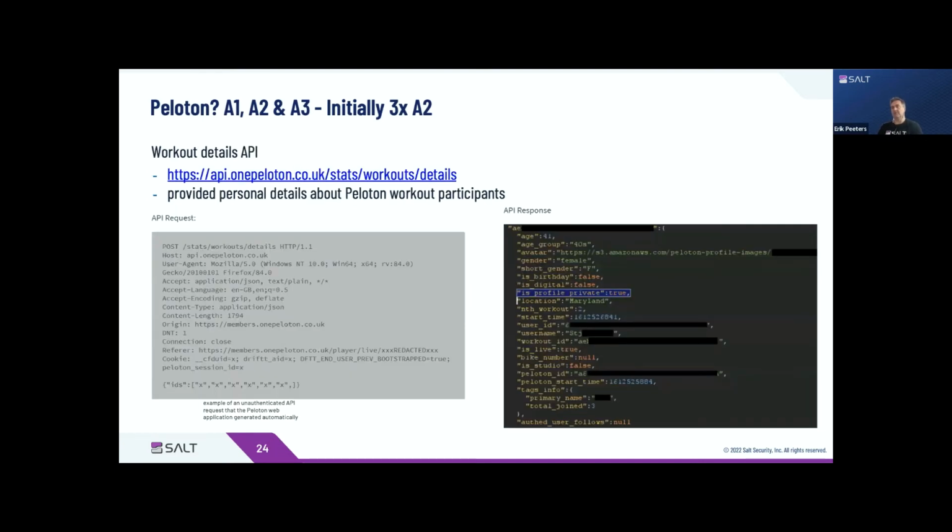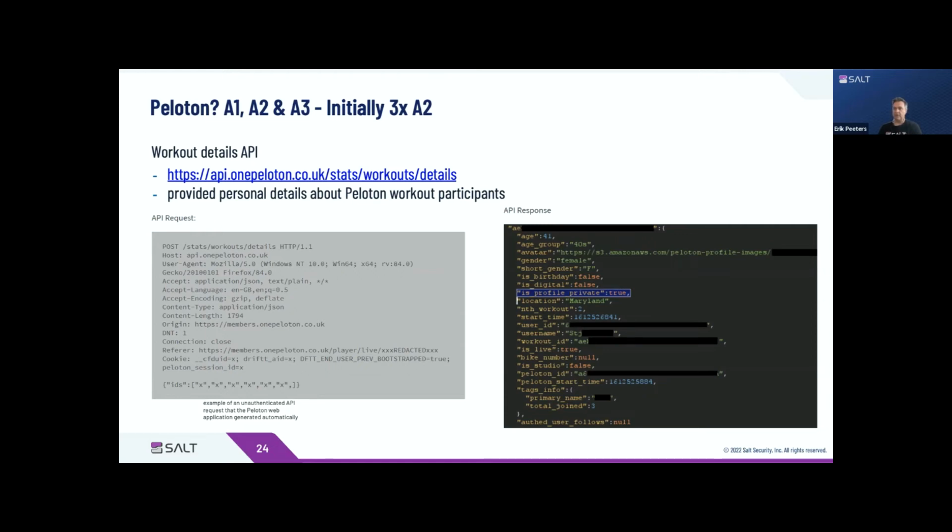So what we see here is, for example, the workout details API. We have our API endpoint with the workout details. No restriction was needed, and it gave all the data back for any user.